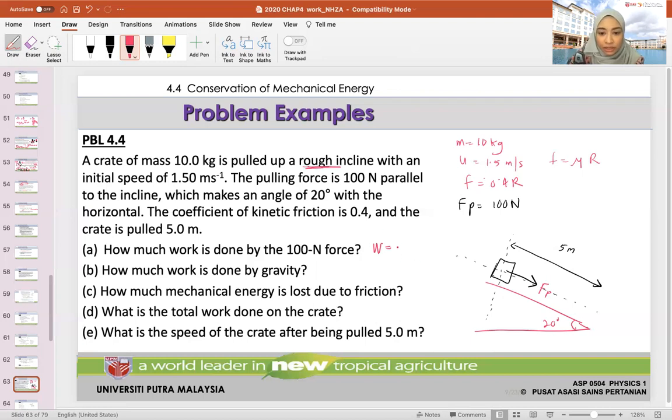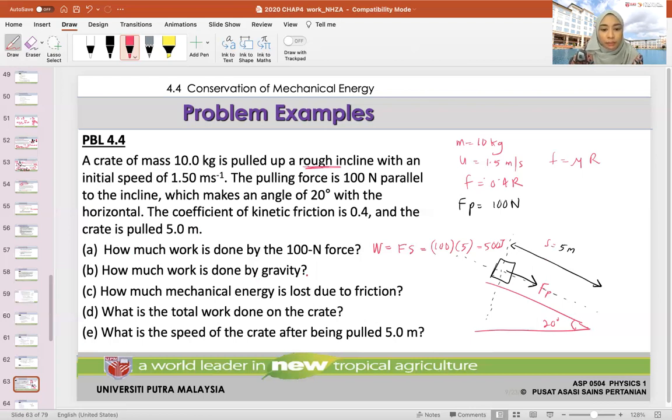Work done is force times S. FP is parallel to S, so we don't need to calculate anything else, just multiply directly: 100 times 5. Correct, it is 500 joules.